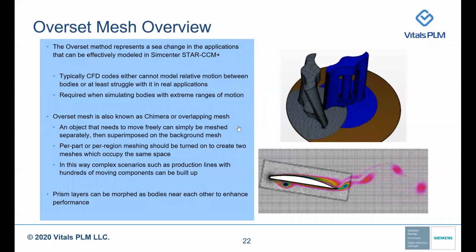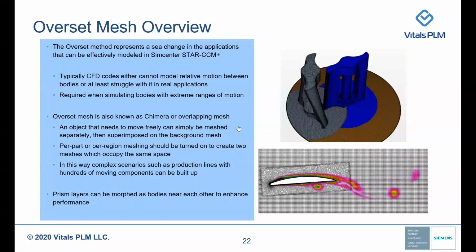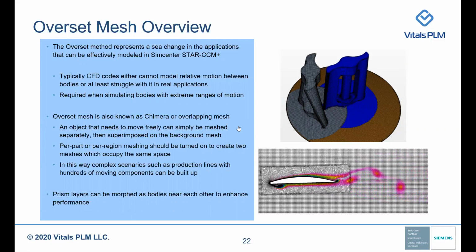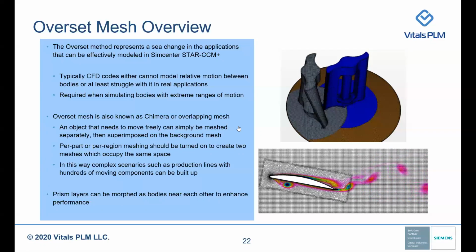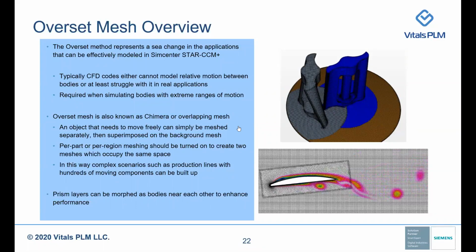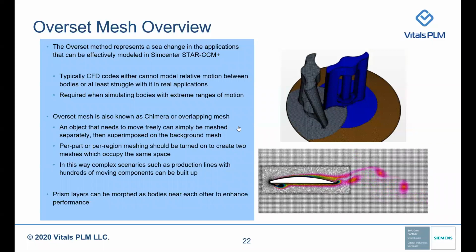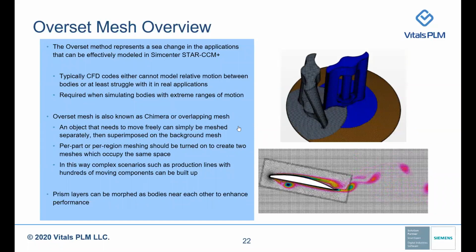In the Overset mesh, the key technique is that the object that needs to be moved has to be defined as a separate region. And once you have a separate region for the object to be moved, you must mesh it separately. So here in this example is a flapping airfoil.